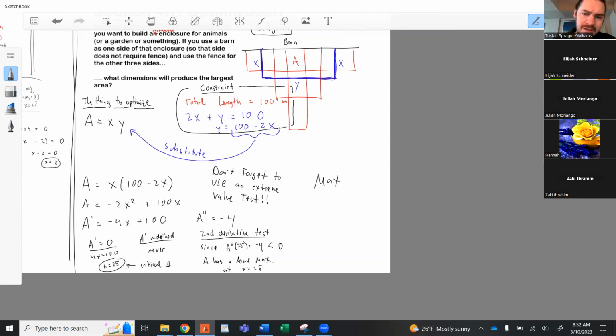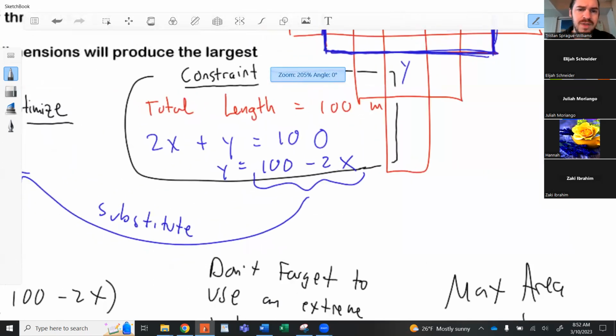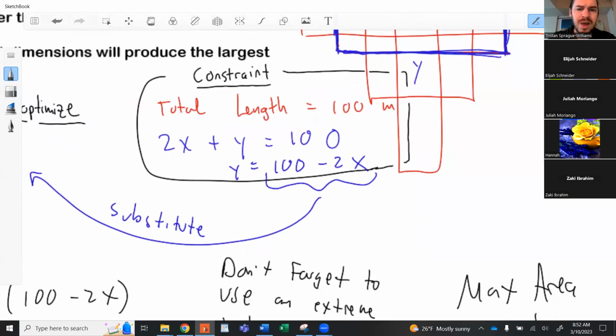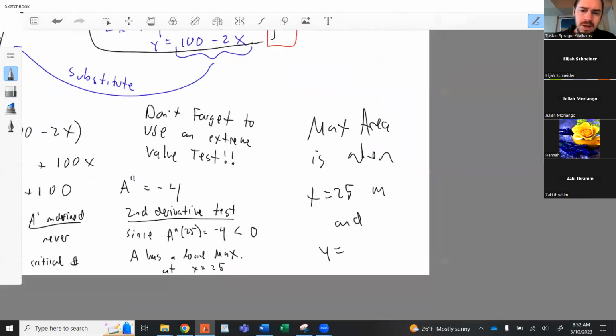So we can say max area is when x equals 25 meters, and we can solve for y by going back into our constraint. If 2x plus y has to add up to 100 and x is 25, 2 times 25 is 50, so y has to be 50 as well.